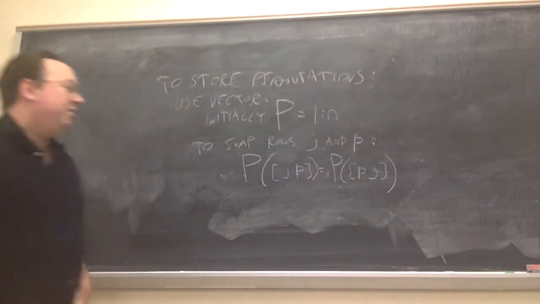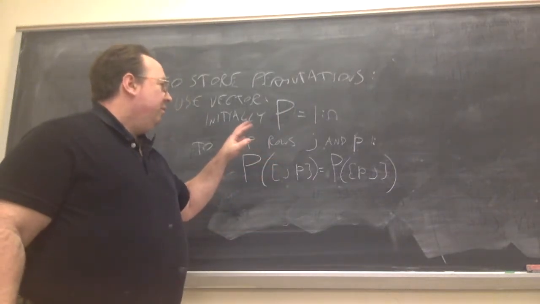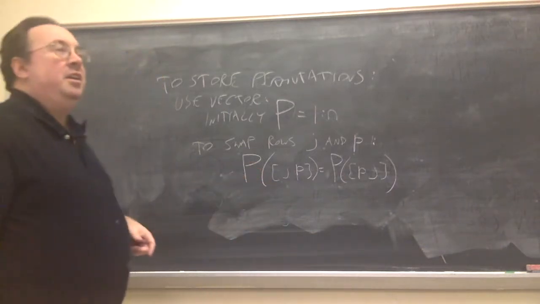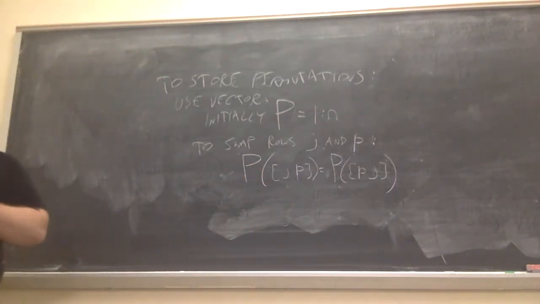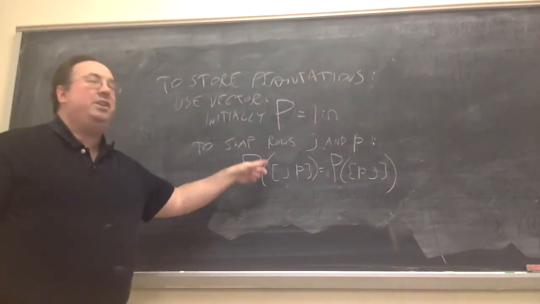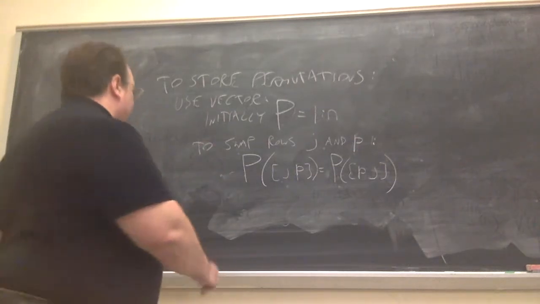Okay. So by the time Gauss elimination is done, this vector capital P will have all the row interchanges performed on it. So now, whatever indices you have from 1 to n, those will be the order in which a row should be.